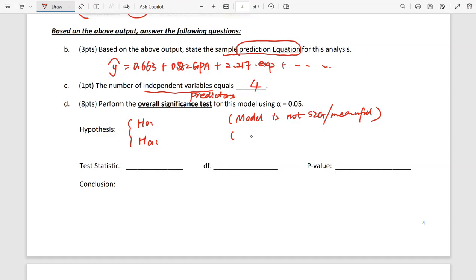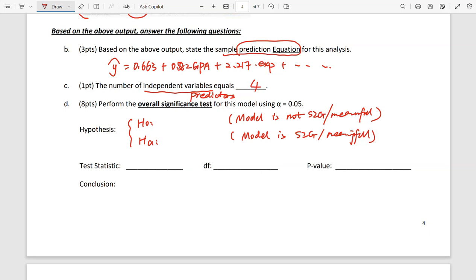The alternative hypothesis is that the model is significant or meaningful. For what case is the model totally not significant? That means none of the predictors affect the response variable. All of these predictors are not significant.